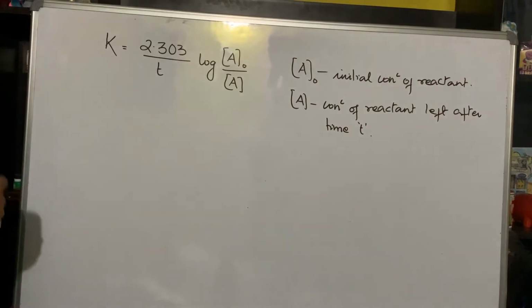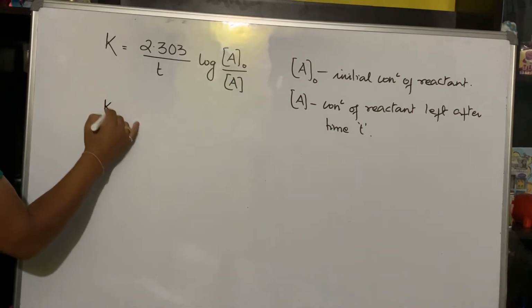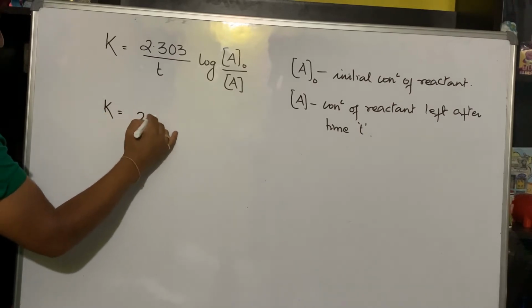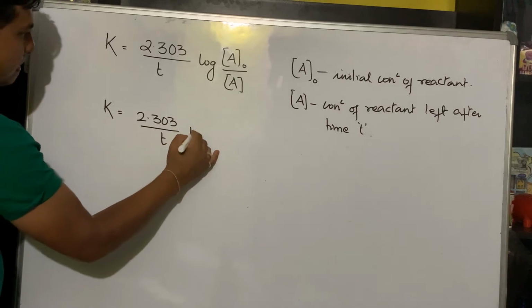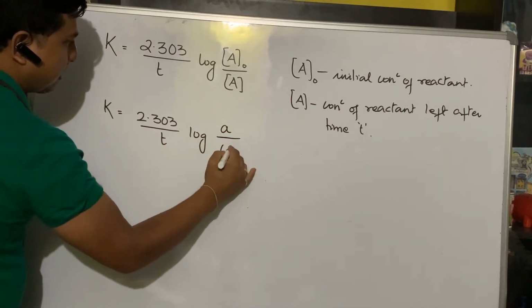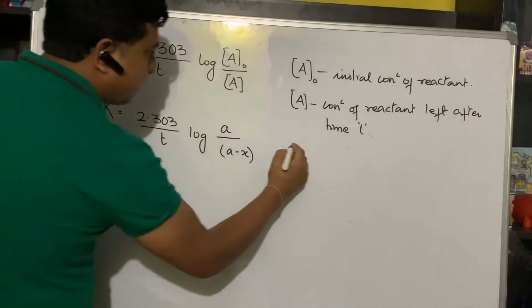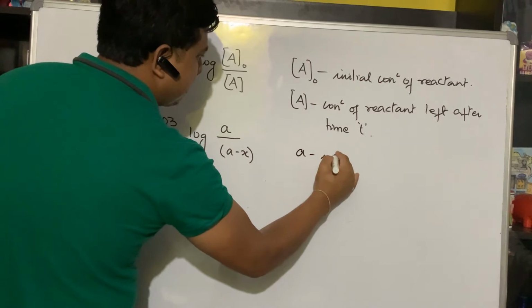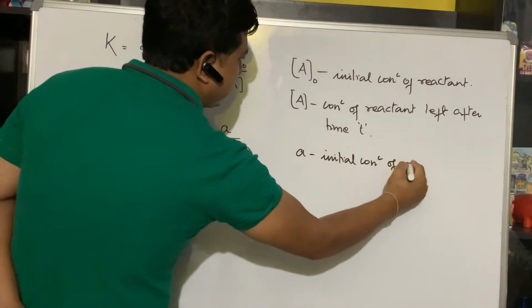Fine. The same equation, which we have discussed before, can be expressed in terms of concentration of product as well. So in terms of concentration of product, we have 2.303 by T log small a by A minus X. What is A? Again, A was the initial concentration of reactant.